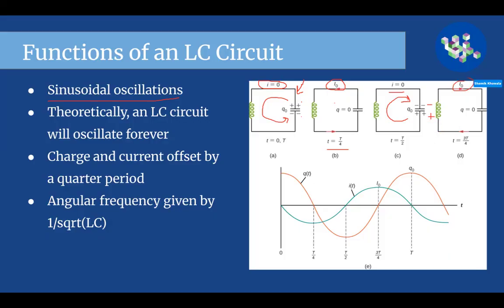Eventually Q equals zero again at 3T over 4. That's physically what happens in the LC circuit. Are there any questions about that? If not, we can move on.